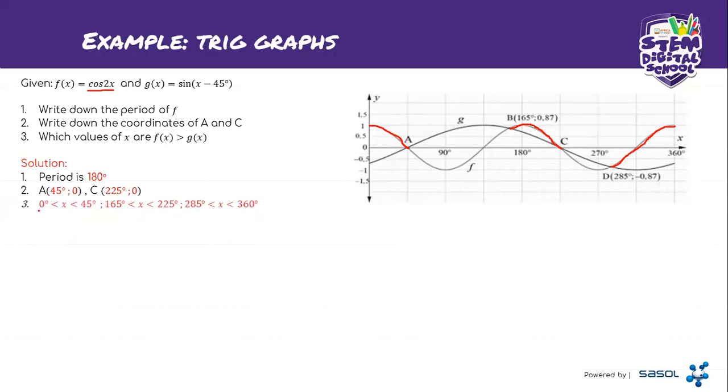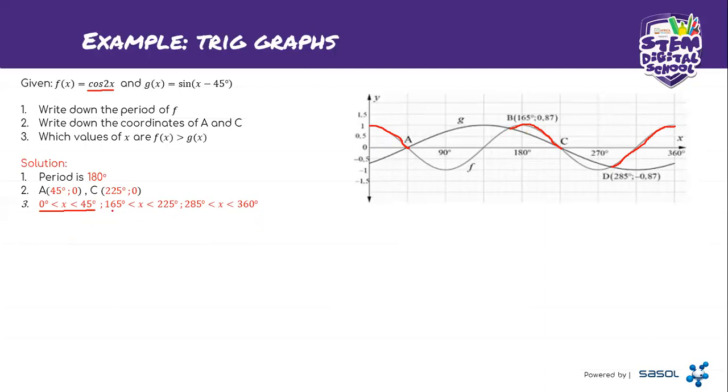You can see from here, this one is from 0 degrees to 45 degrees. That's where f of x is greater than g of x. And then again from point B here to point C, that's where the graph of f is greater than the graph of g.